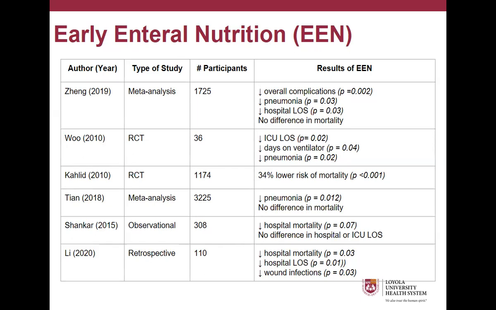Consensus-wise, we do see overall decreased infection risk and then decreased length of stay. In terms of mortality, it's kind of 50-50 on whether these studies saw an improvement or a decrease in the risk of mortality in patients on early enteral nutrition.